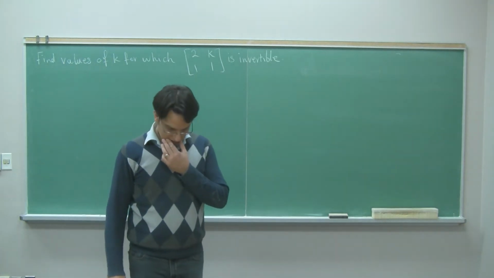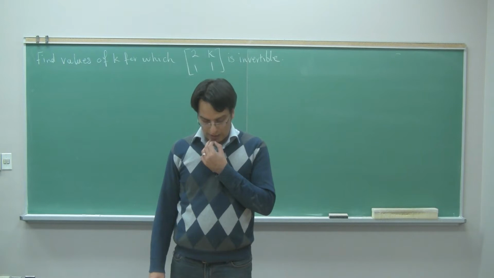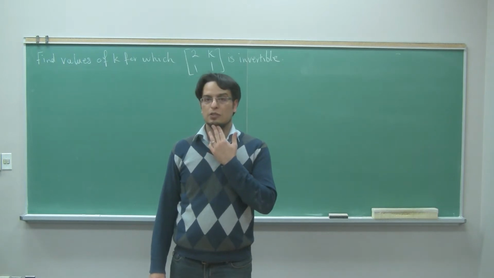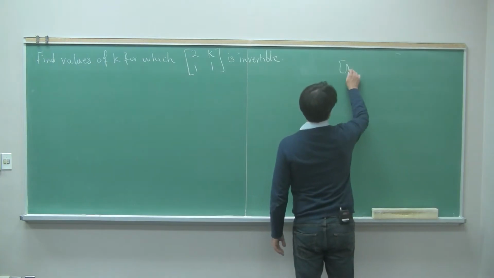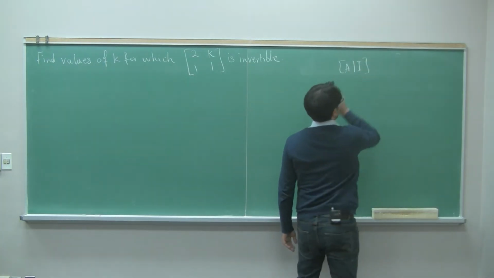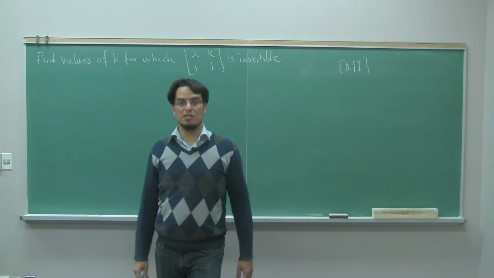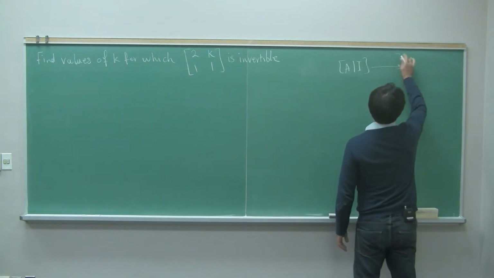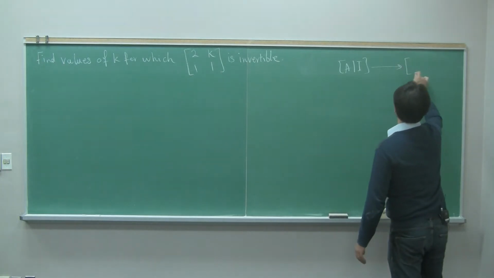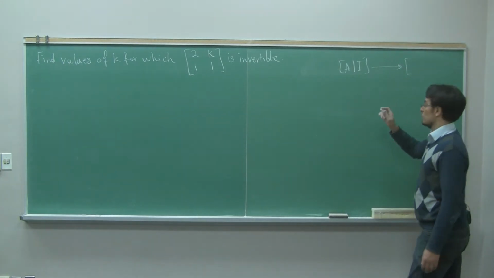In questions like this, what you need to know is that to check invertibility, you have to form the augmented matrix [A | I], and then you transform it to row reduced echelon form.